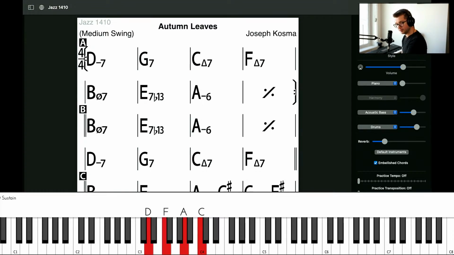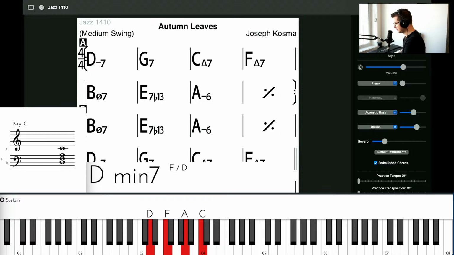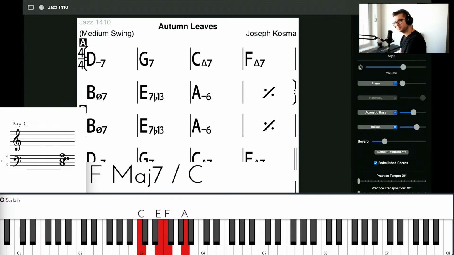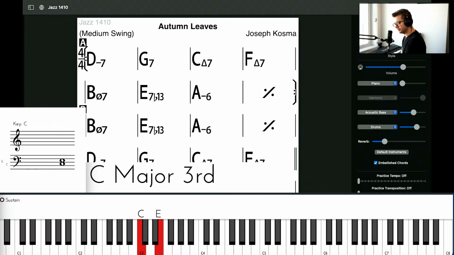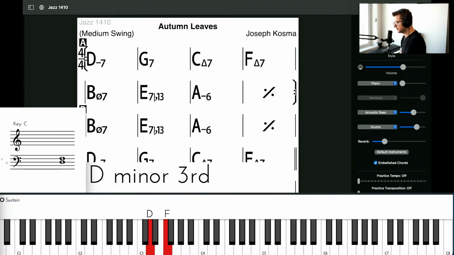Now if you wanted to maybe practice getting the inversions, which is great. That is simply put just moving down the chords by sliding. Down that way. So you kind of move in like a crab walk.